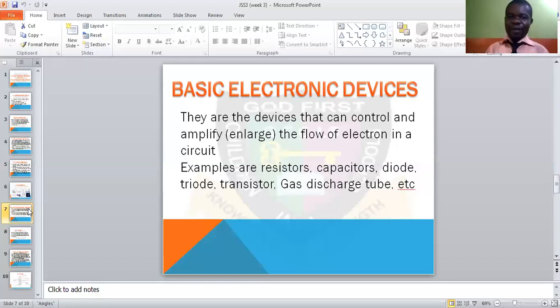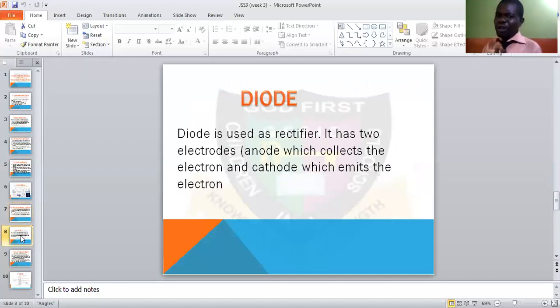First of all, let's start from the diode as we go on. The diode is used to rectify, or used as a rectifier. When you say rectifier, it means to rectify. That is what it's used for as an element in electronics.